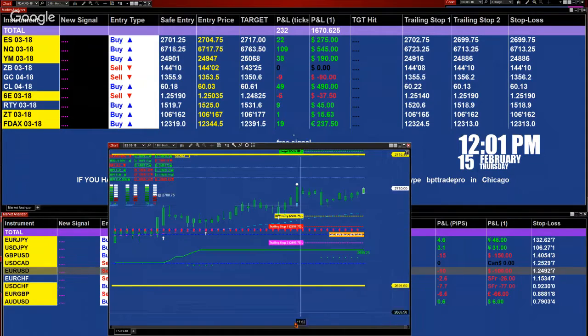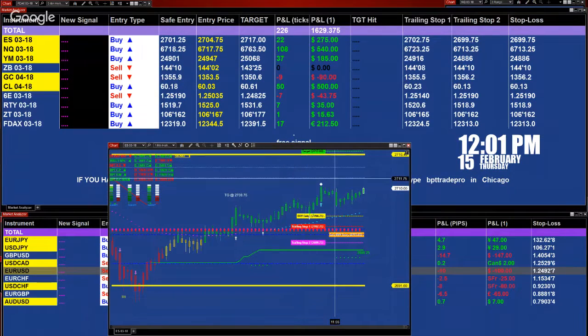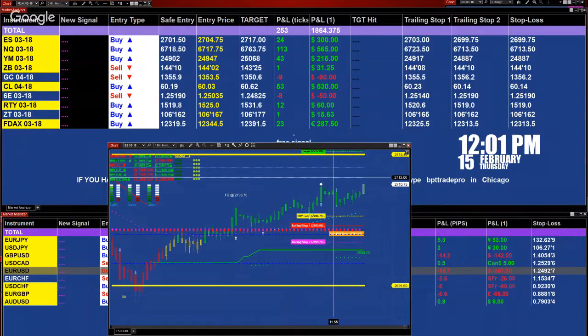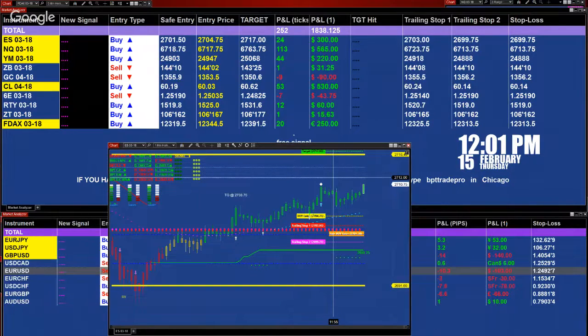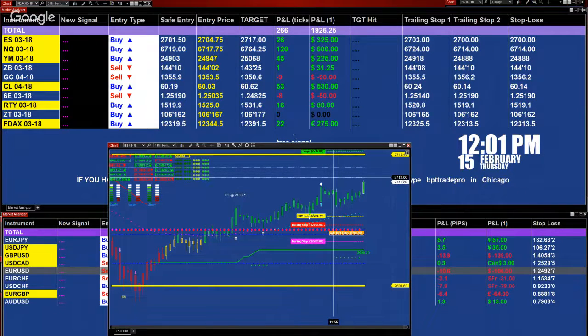There we go, guys. Keep your eye cautious on the ES if you are trading. I have no idea who's in there. Approach the ES cautiously on the 12th line here.